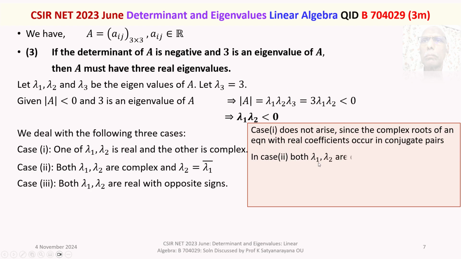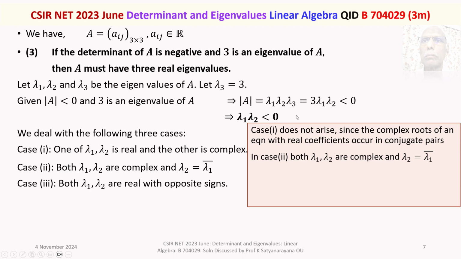In case 2, both are complex and lambda 2 is equal to lambda 1 bar, because the complex roots occur in conjugate pairs when the coefficients are real. So, let us take lambda 2 equal to lambda 1 bar.